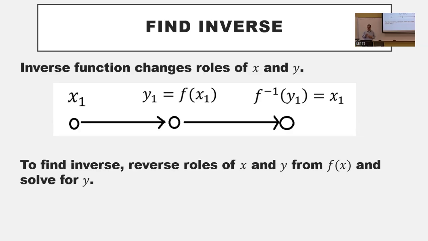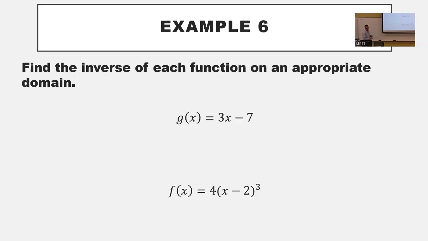I reverse the inputs versus outputs in my f of x, and that will give me my f inverse, if it exists. Are we okay with that? So to find inverses, all we're going to do is reverse the roles of x and y. And that's pretty straightforward to do, as long as we have nice domains.